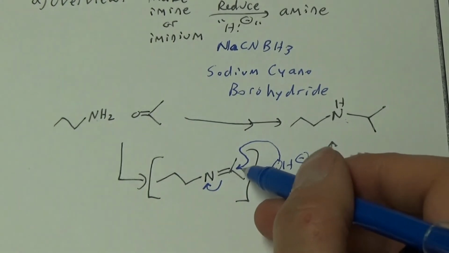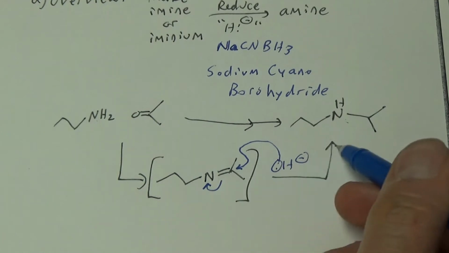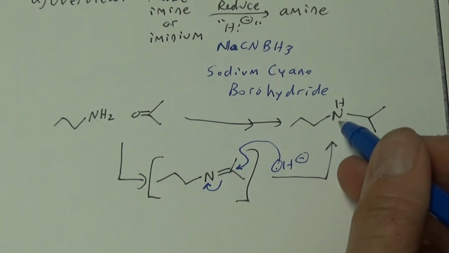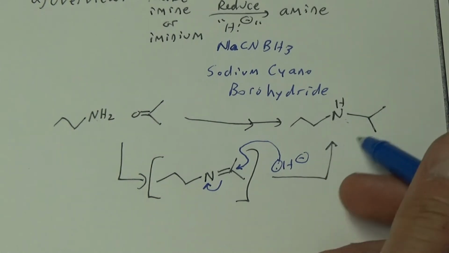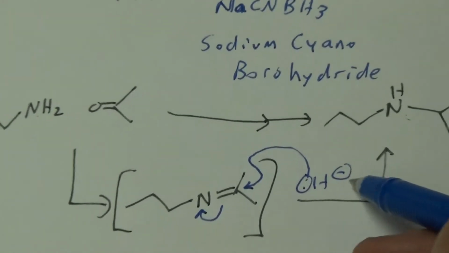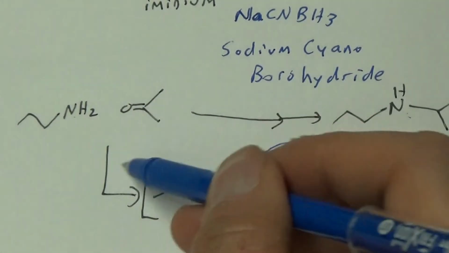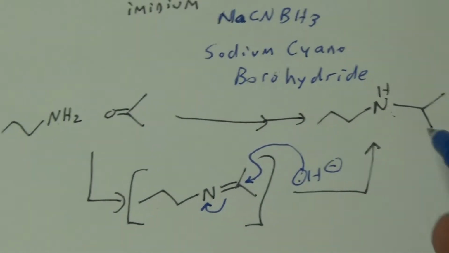Right? H minus attacks the carbon, kicks the electrons onto the nitrogen, and then we get some sort of protonation from methanol or solvent or whatever, so the NH gets its proton. So we're skipping that protonation step. But this is the reduction part. For step 1, make an imine or iminium. Step 2, reduce, and then you get your amine.